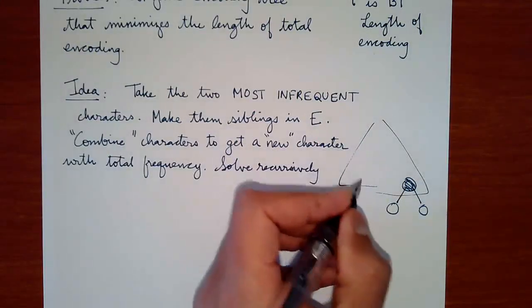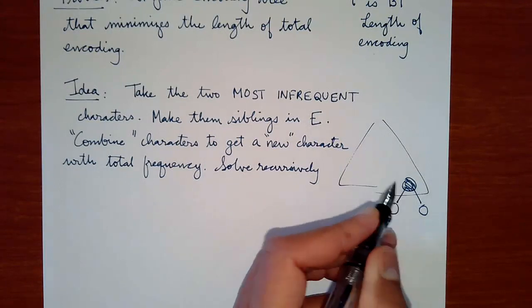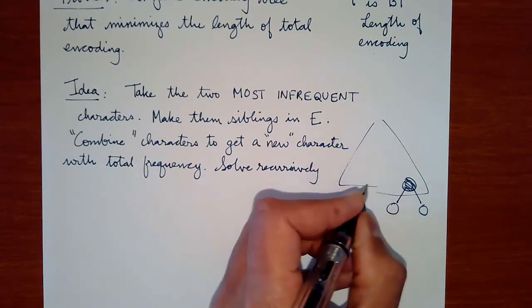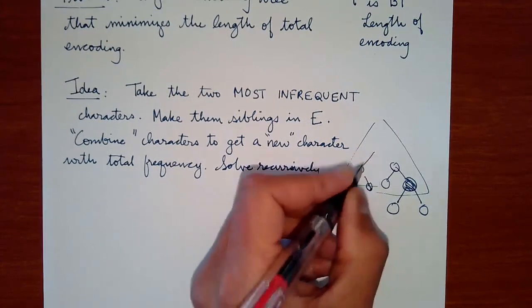That is now going to find the two most infrequent characters in whatever remains, which may be this character, but it might not be that. And then those will get combined to make something, and things get combined, and so on and so forth.